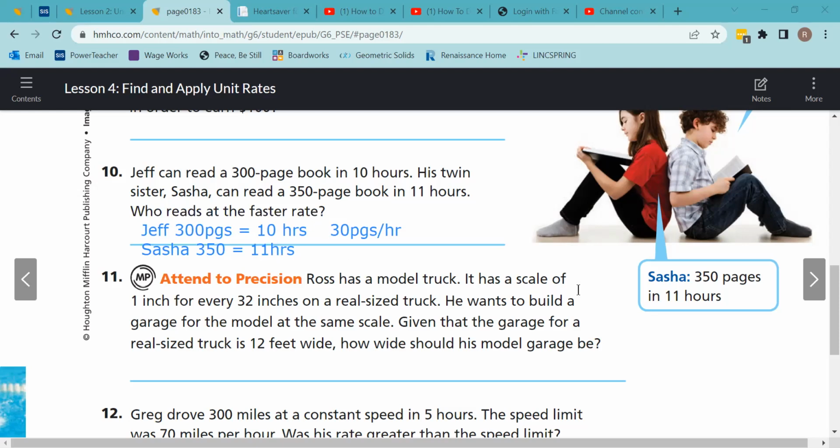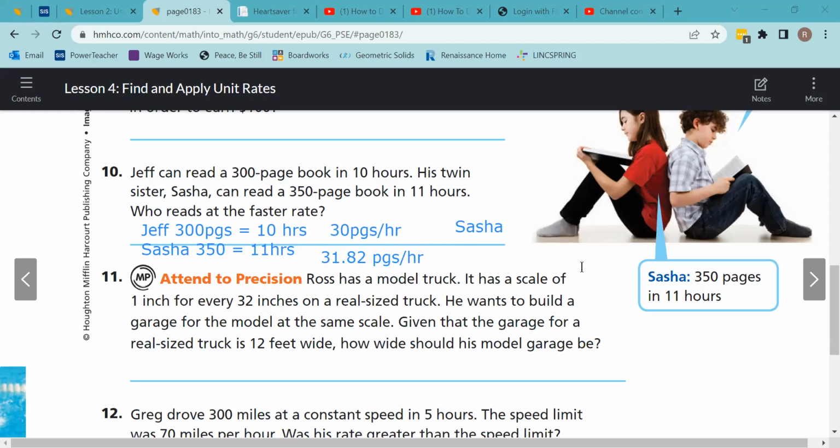I'll bump that up to 31.82 pages in an hour. And who is the faster reader, who reads at a faster rate? Sasha is reading more pages per hour. It is nearly 2 pages more, but it's still more, right? Sasha is our faster reader.